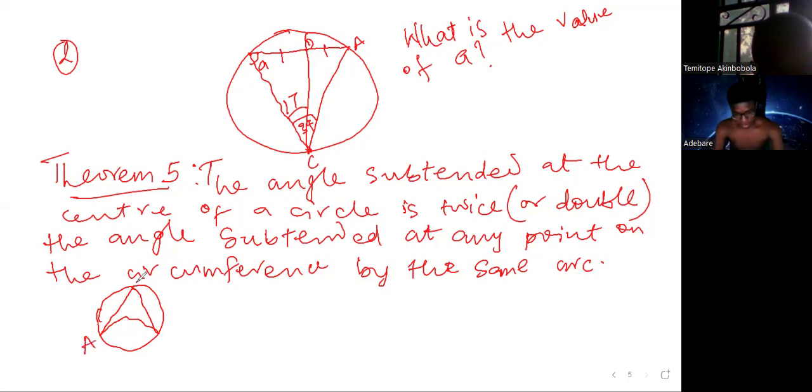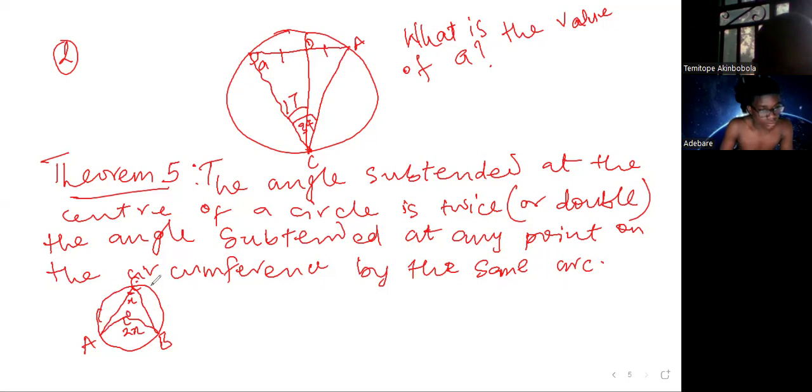A, B, and C. So C is X. So that means this angle is 2x. So what is the same arc that we are talking about here?